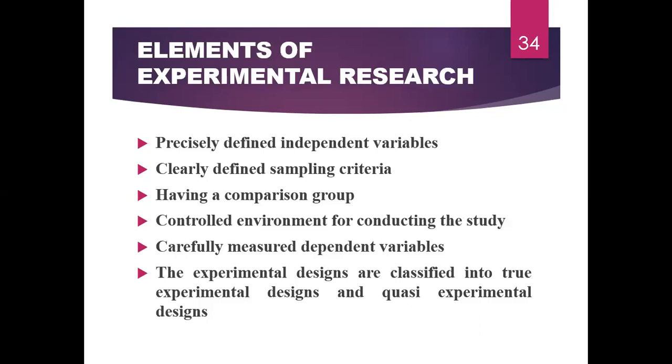It should have clearly defined sampling criteria. It should have a comparison group, that is an experimental group and a control group, a controlled environment for conducting the study, and carefully measured dependent variables, with the effect to be measured carefully. Experimental designs can be classified into true experimental designs and quasi-experimental designs.